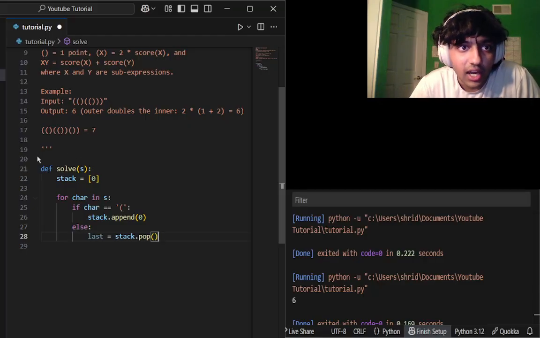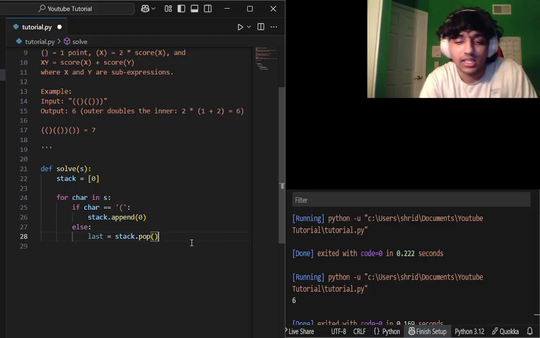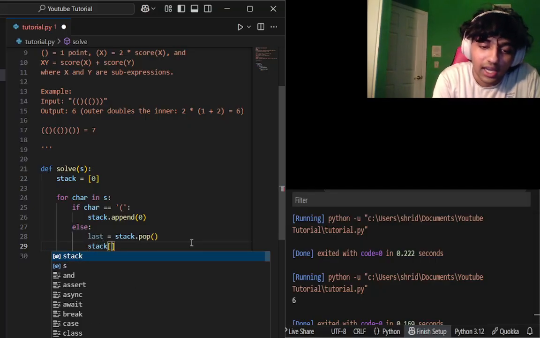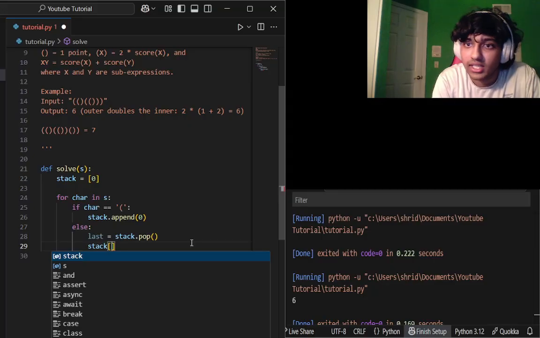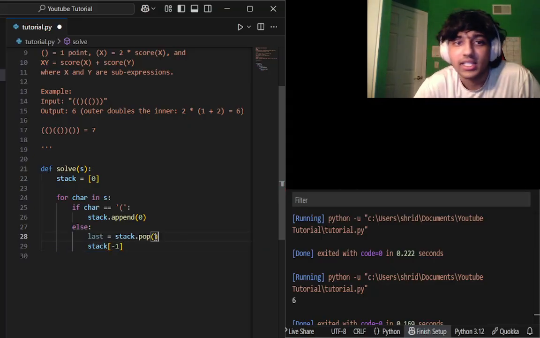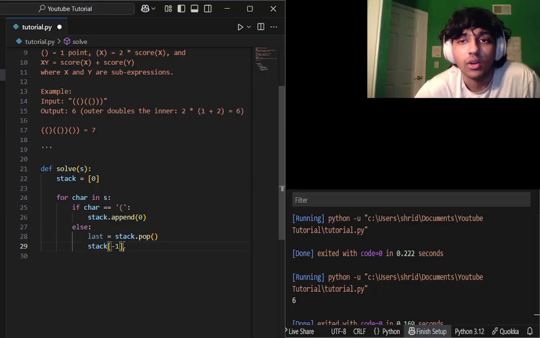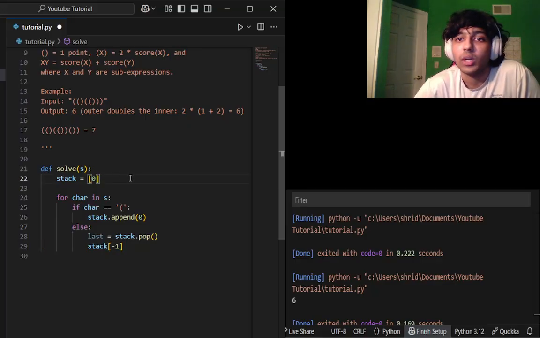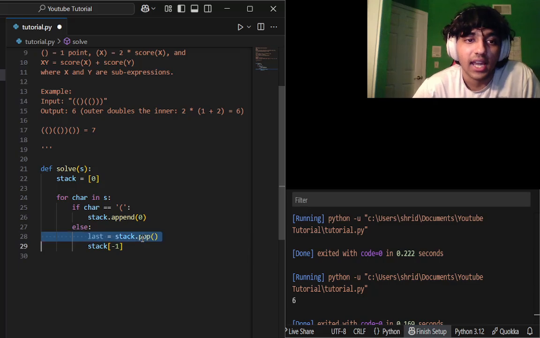However, if it's not, we're going to be instead doubling it. To do that, we're going to be using stack[-1]. And if you don't know what the index of -1 means, basically -1 in Python is the last element in the list. So that's the last element that we're going to be popping instead.